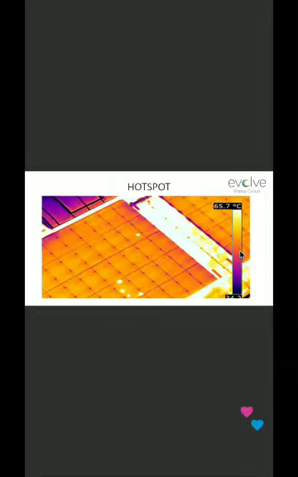Hotspots. What is a hotspot? Something related to mobile network or something? No. The hotspot we are talking about here is a thermal hotspot. What is a thermal hotspot? We're discussing resistance, shadow, heat, everything. It's the same here.